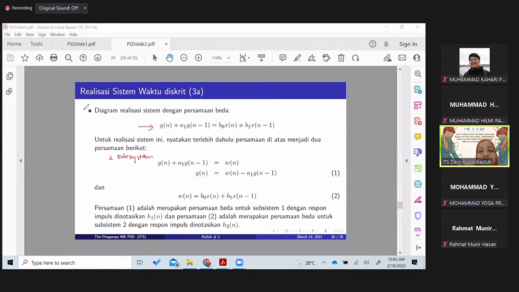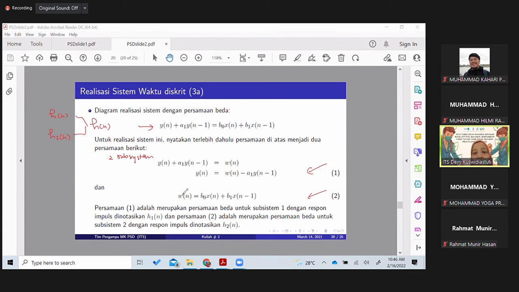If this system has an impulse response of Hn, it is divided into two subsystems which have H1n and H2n. H1n is related to this differential equation, and H2n here is related to the second equation here.